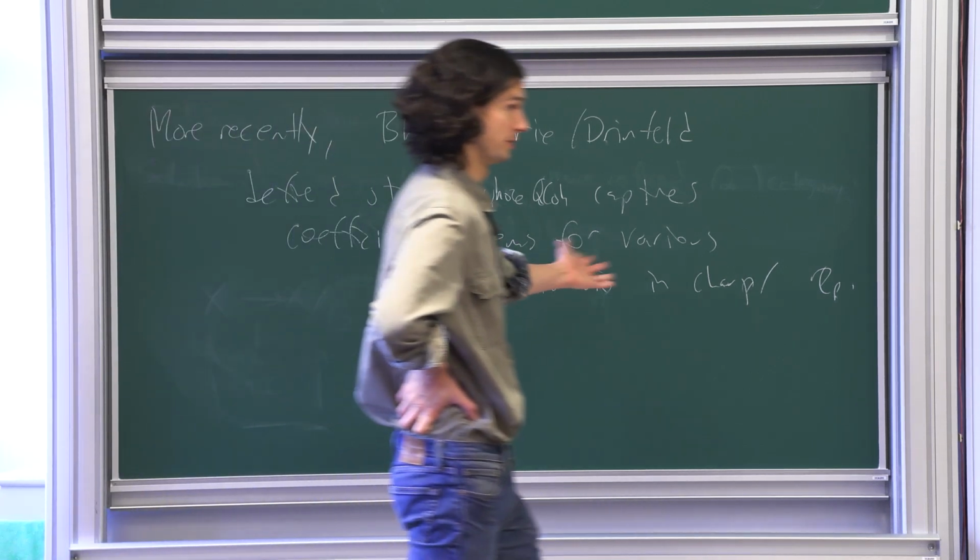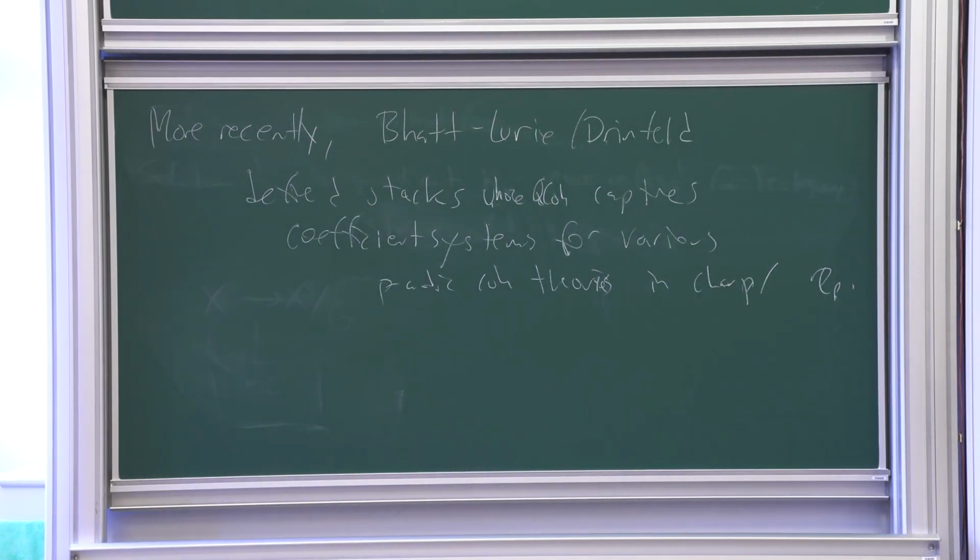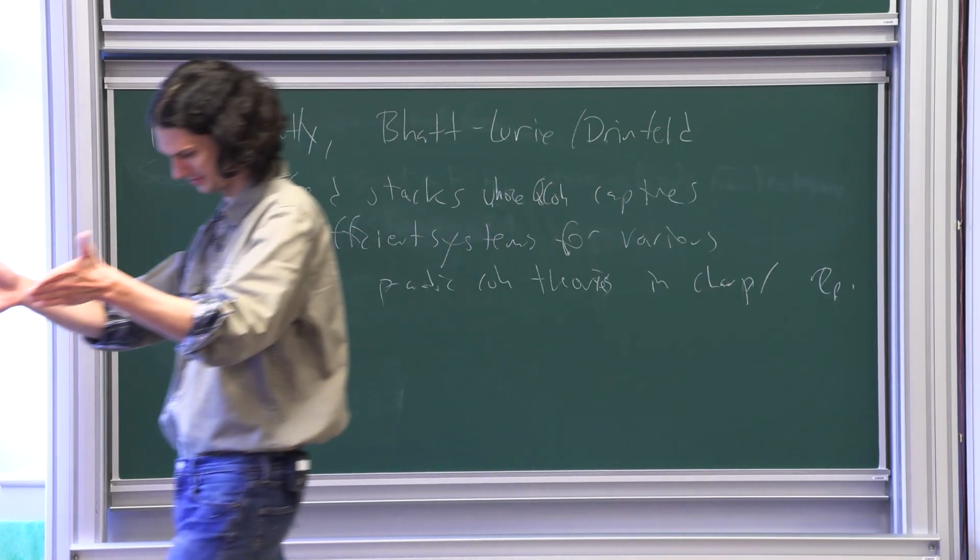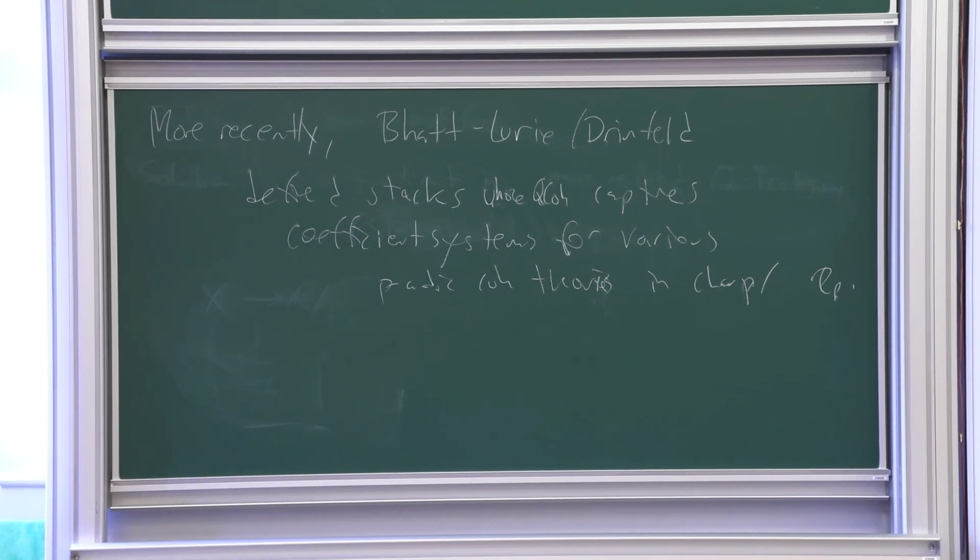So, for example, for de Rham cohomology in characteristic p, there's also a stack. It's just not this one. You have to use the divided power envelope of the diagonal instead of the formal neighborhood of the diagonal.